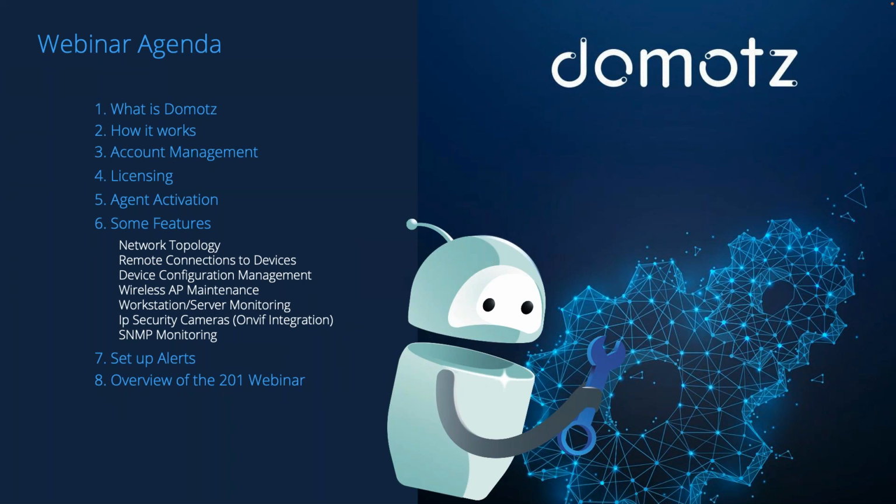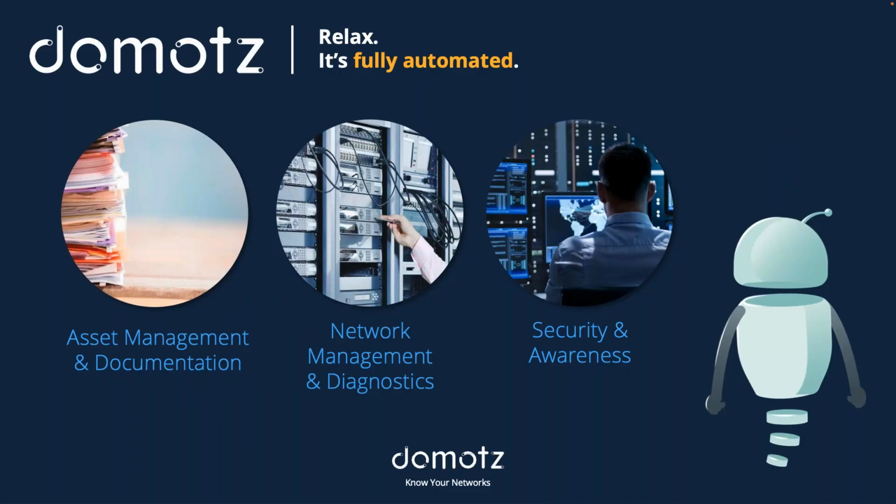We'll get into some of the fundamental features as well of Domotz, such as the network topology, making connections, setting up basic alerts. We'll also talk about some of the infrastructure management, maybe things like monitoring servers. And then at the very end, we'll get a little bit of an overview of what's going to come up in the 201 webinar as well. So with all that being said, let's go ahead and move into it.